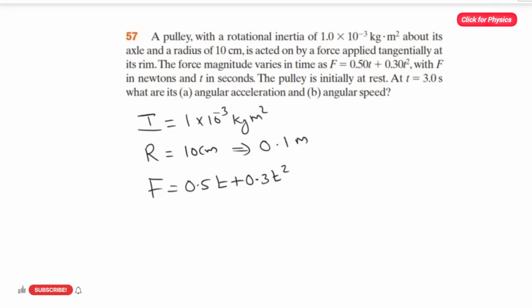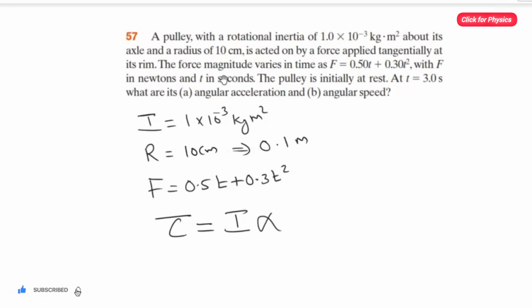We have to find the answer for the angular acceleration. Once we find it, we will substitute the value. For that, we use the formula for the relation between the torque tau and the angular acceleration. Torque tau is equal to moment of inertia I multiplied by alpha.